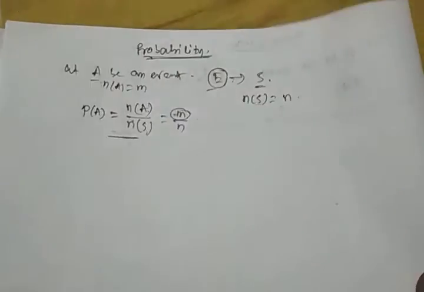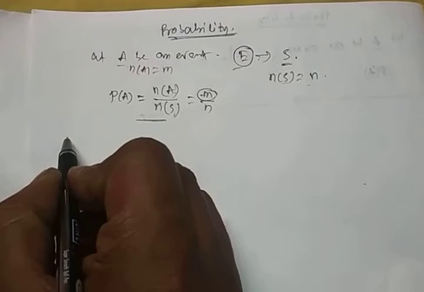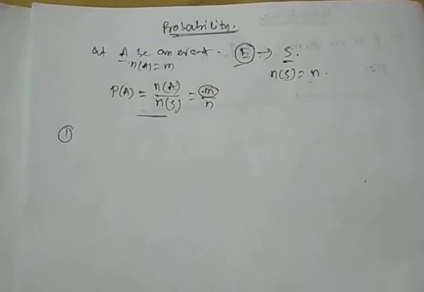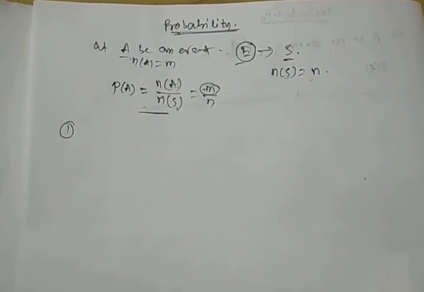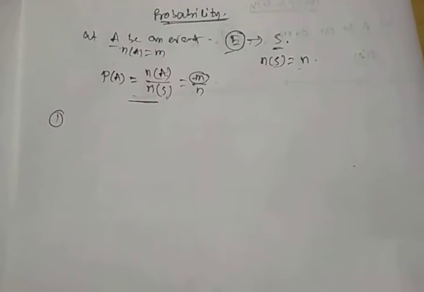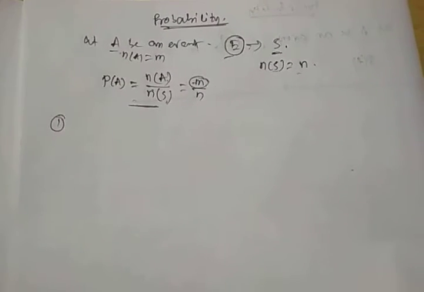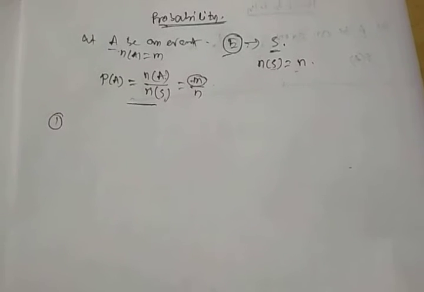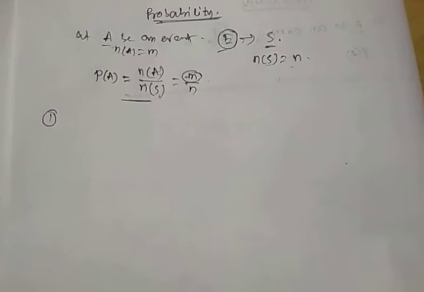Now as an example, let's say we throw a die. What is the probability of getting an even number?